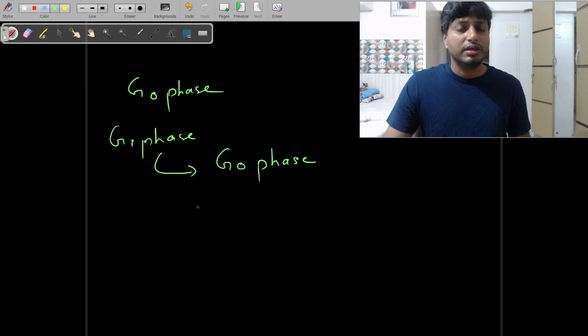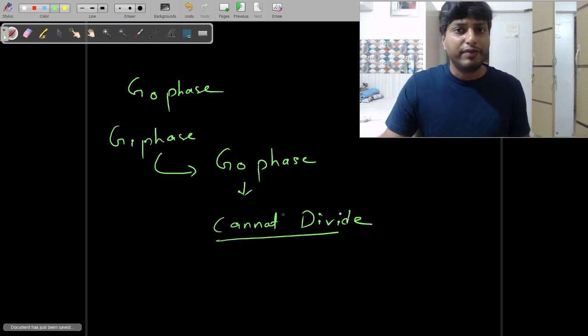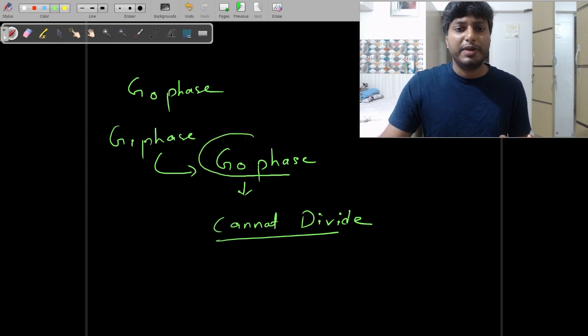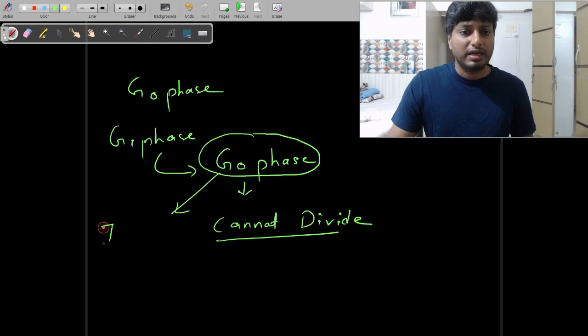Now, dear students, this G0 phase is a phase in which once the cell enters, it cannot divide further. It cannot divide. That means such cells for the lifetime of the person will not be able to divide, because they will be permanently present in the G0 phase. Such a phase is called an inactive phase.